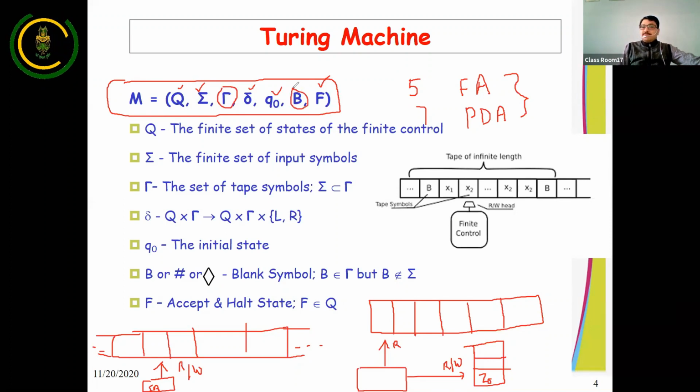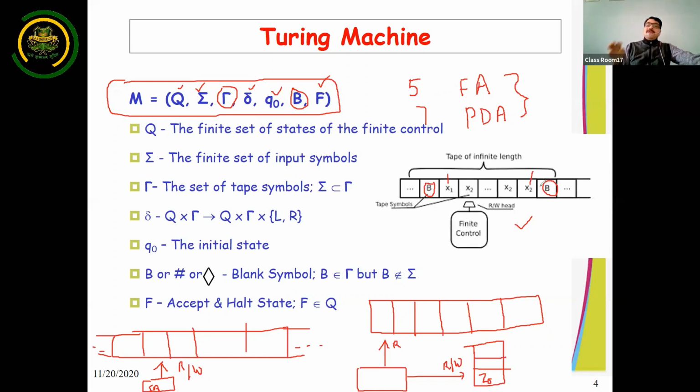As you see in this model diagram, x1, x2, x3 are the tape symbols, and B is the blank. Blank indicates that before the input string and after the input string, there will be blank.